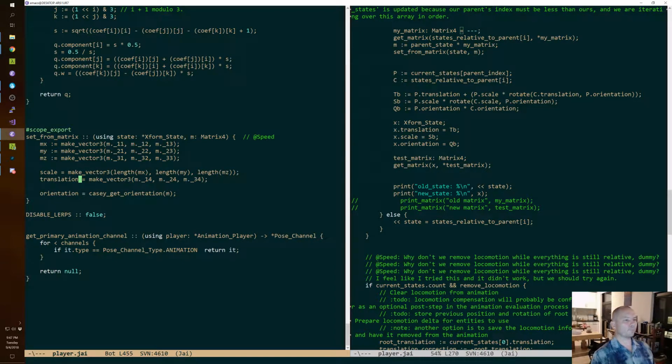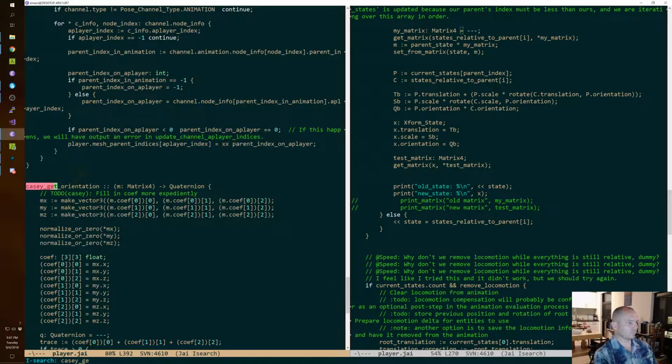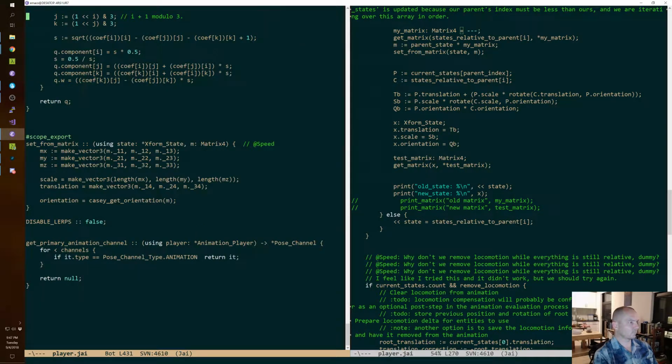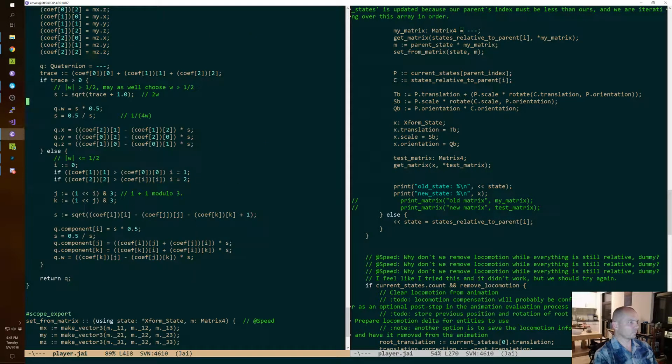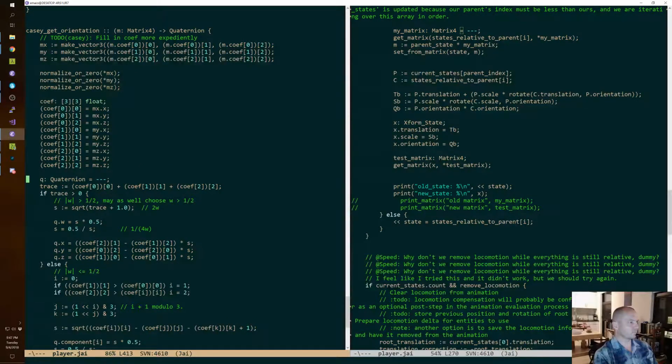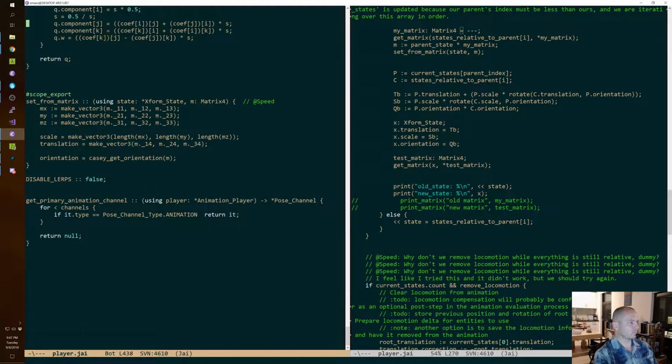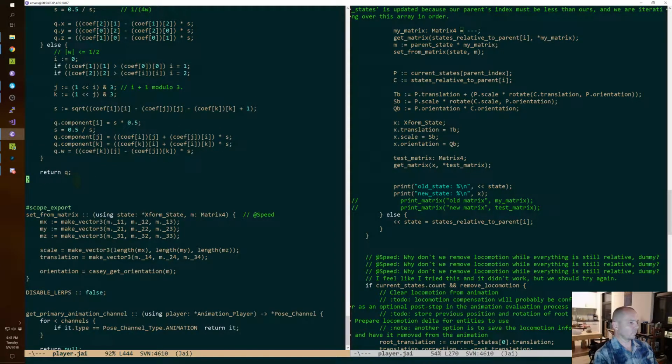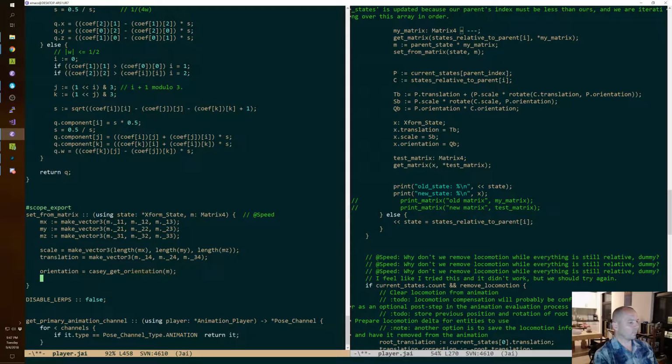Yep. So maybe I need to, what happens if I just normalize it? I just want to try something just because it's bugging me.